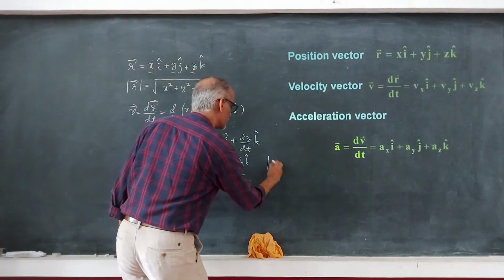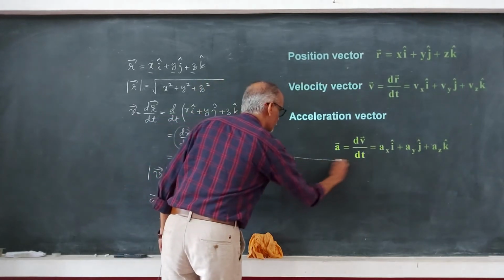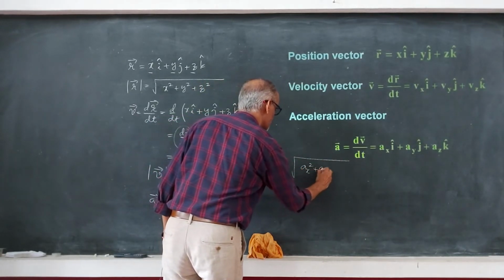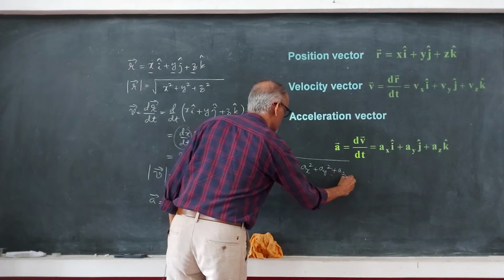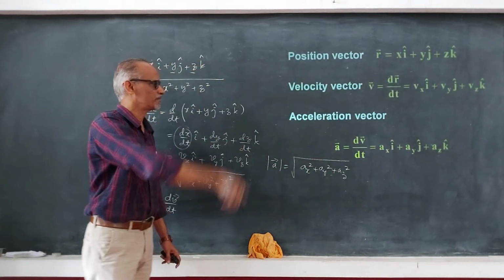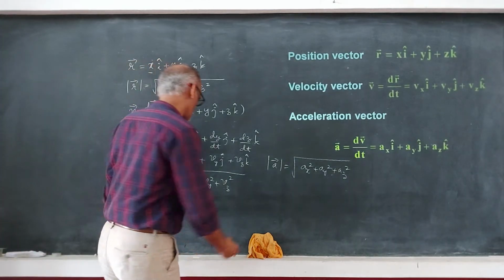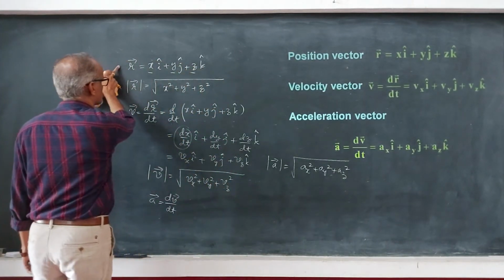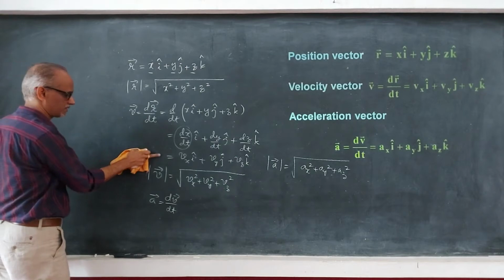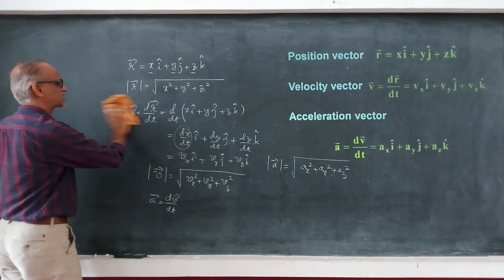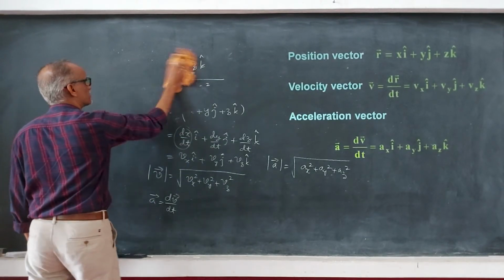And how to find the magnitude of that acceleration? Root of ax square plus ay square plus az square. So, hope you have understood all the components of x, y and z. This is the position vector, velocity vector, and now the acceleration vector.